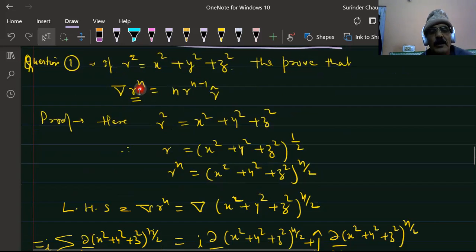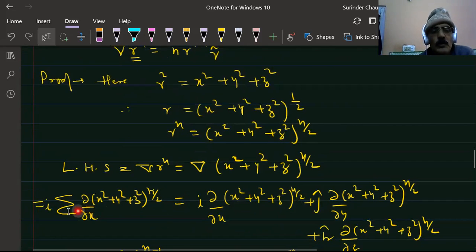You find r, take the left hand side. So r square to the n is equal to x square plus y square plus z square to the power n. Now take the left hand side, gradient of r square to the n. This is the summation, or you can write that in component form. The summation here means that we will find only the first term, and the other terms follow, because this is a symmetric function. That's why we can do this, this way or this way.